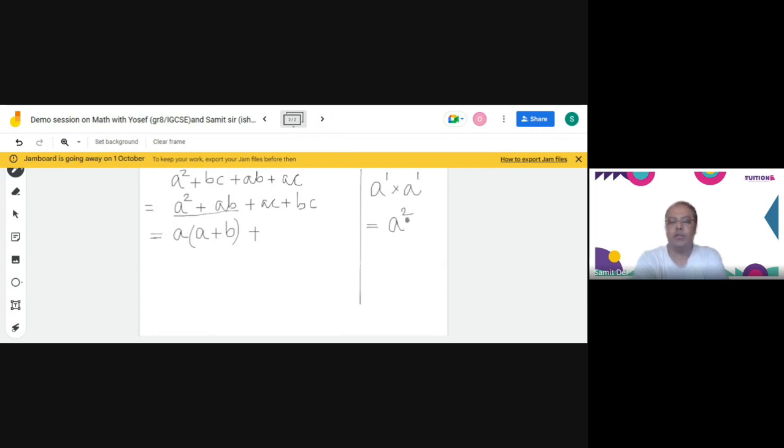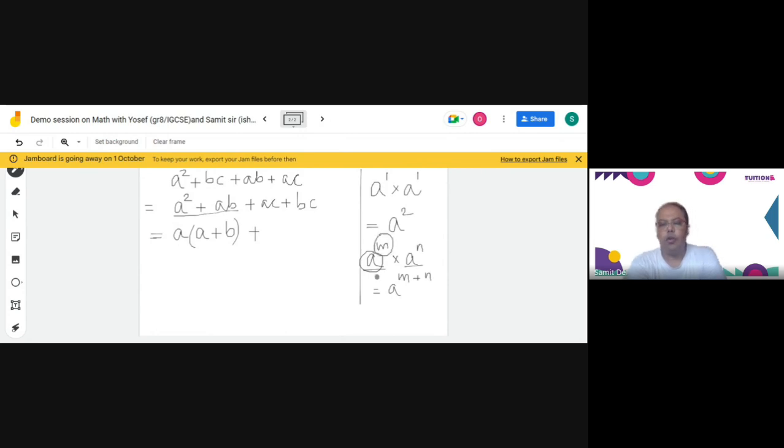1, to give us a to the power 2. This follows a rule of indices, which is a to the power m multiplied by a to the power n gives us a to the power m plus n. We can only do this when the bases are the same. These are called base, and this is my index or power.